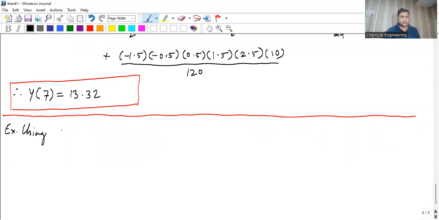So we go for the example using Newton's backward difference formula.